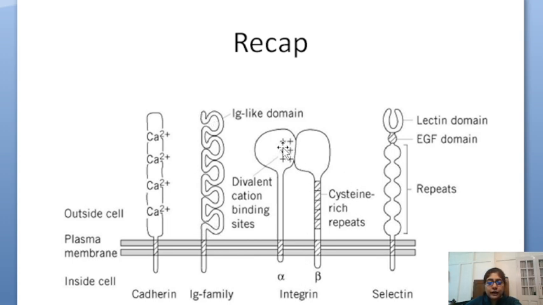Integrin has one alpha and one beta chain, and they connect and perform different functions with the help of conformational changes. Then selectin has a lectin domain and an epidermal growth factor domain, and there are some consensus repeats on the extracellular domain. This is all on cell adhesion molecules.